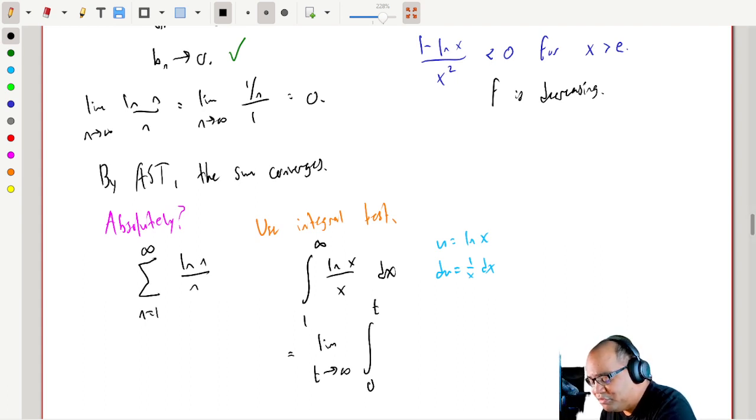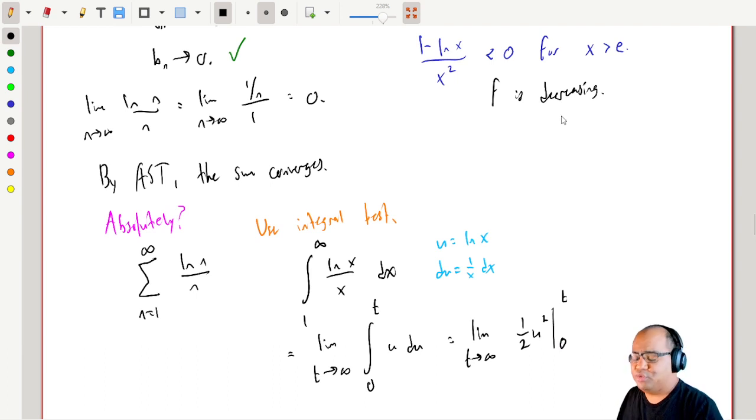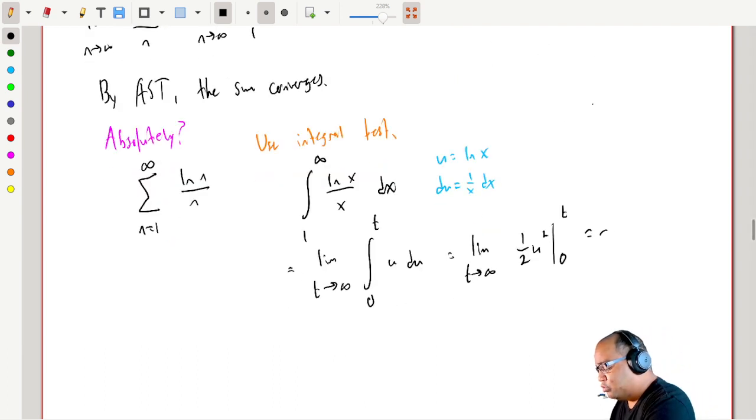And now what do we have in the integrand? We have u du, an easy enough thing to find an antiderivative for, 1/2 u squared. And you should be able to see that this thing goes to infinity. So this integral diverges.